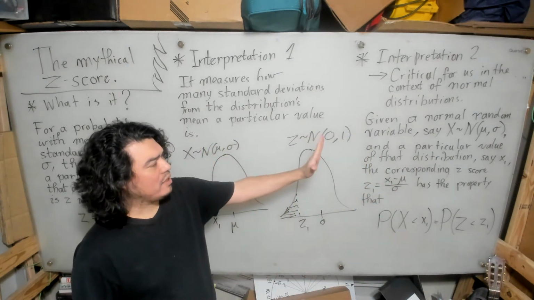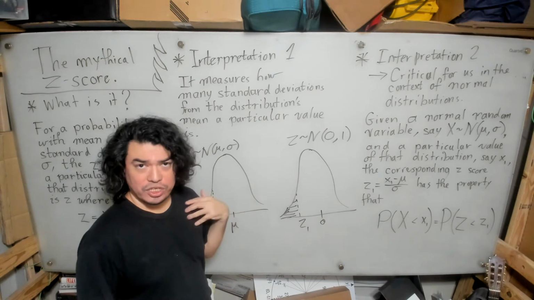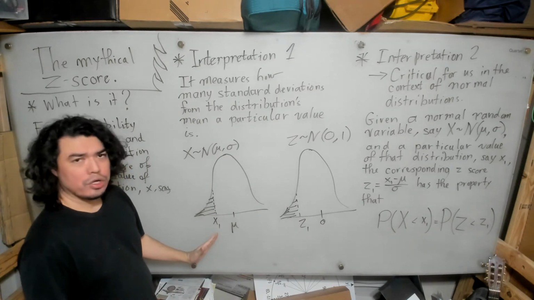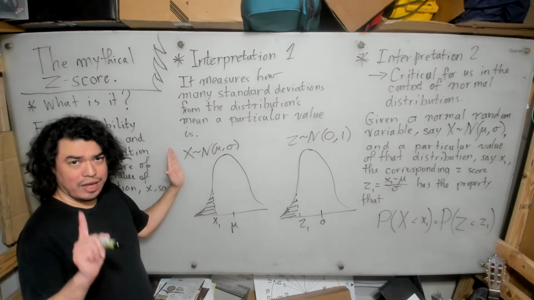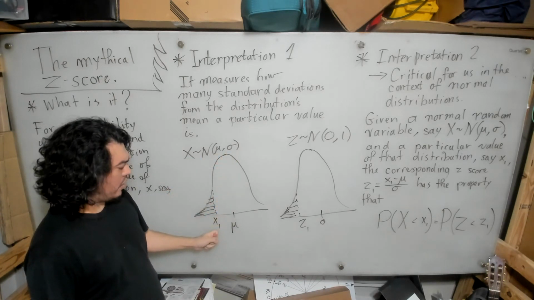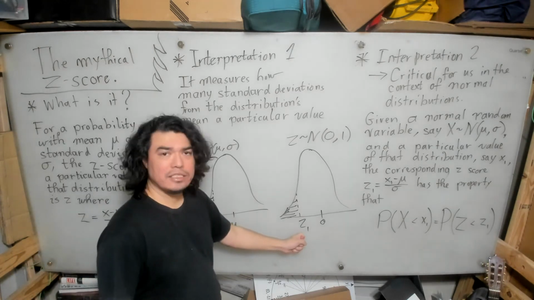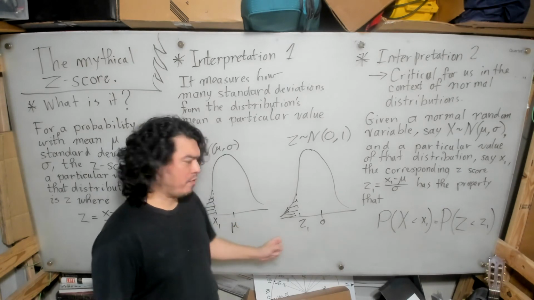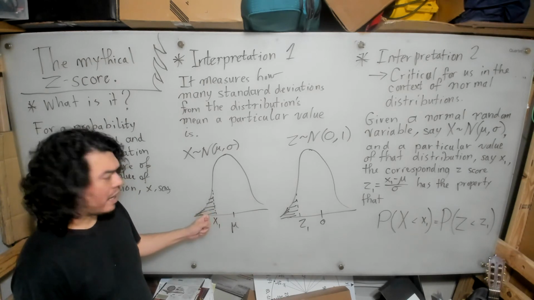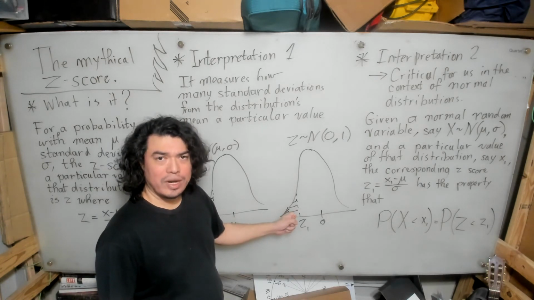And what this interpretation says, which is the interpretation we want to use here in the context of the normal distribution, is that if you take any normal random variable with mean mu and standard deviation sigma, and you take any particular value from that distribution and calculate the z-score of that value, then the area to the left of x1 in that original distribution will be equal to the area to the left of the corresponding z-score in the standard normal.